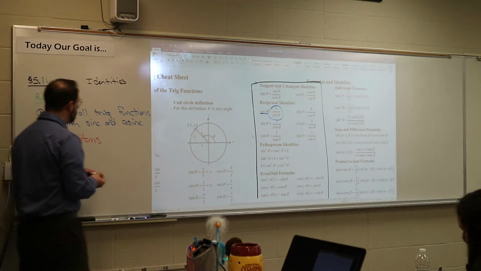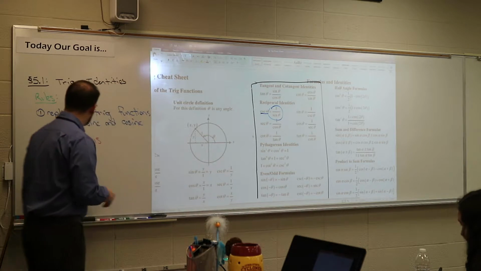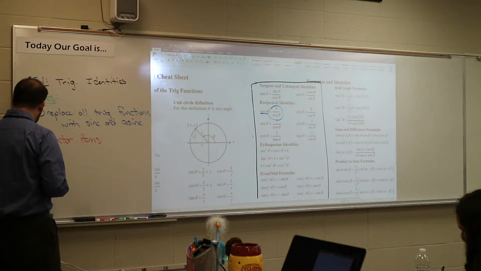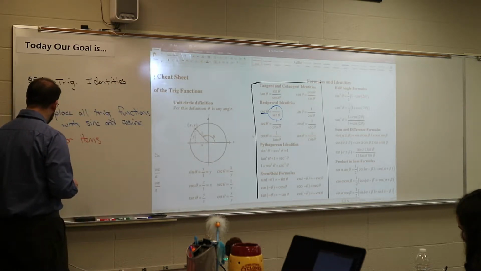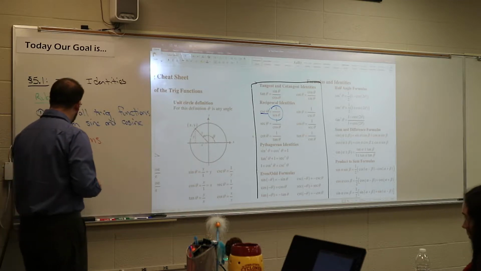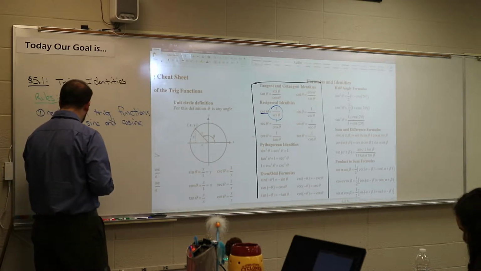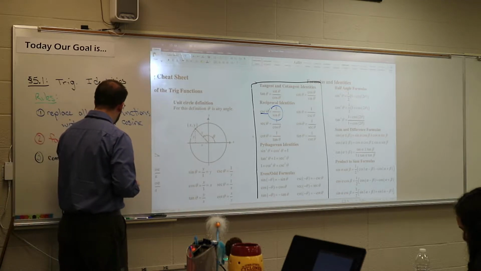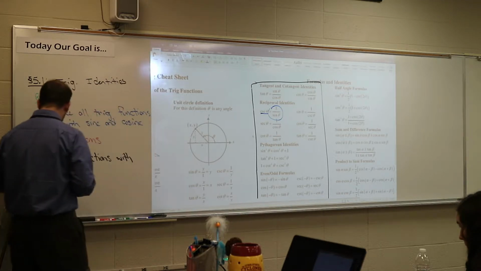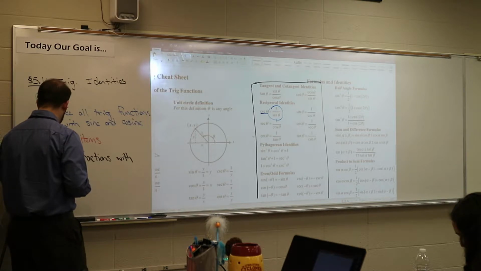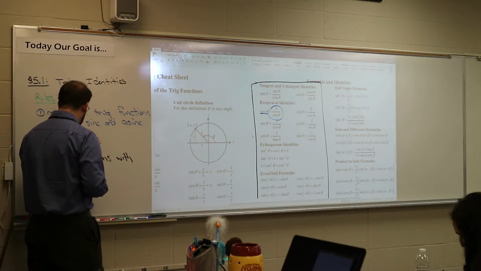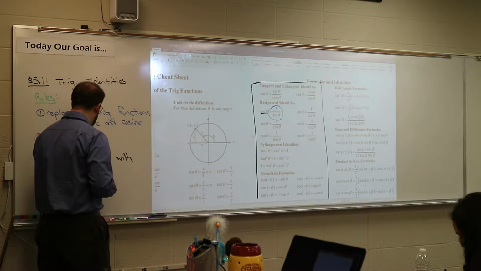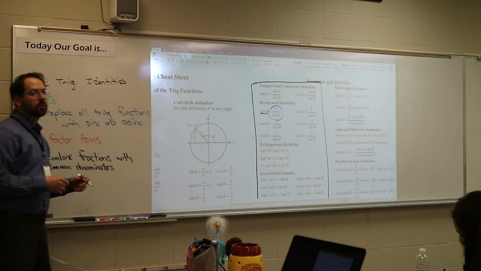The third rule that we always try to use is to combine fractions with common denominators. You want to combine things with common denominators.